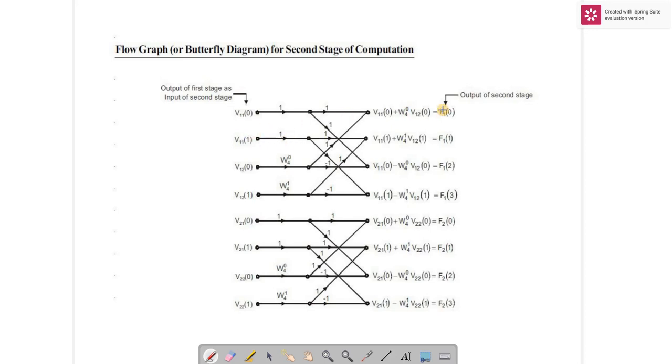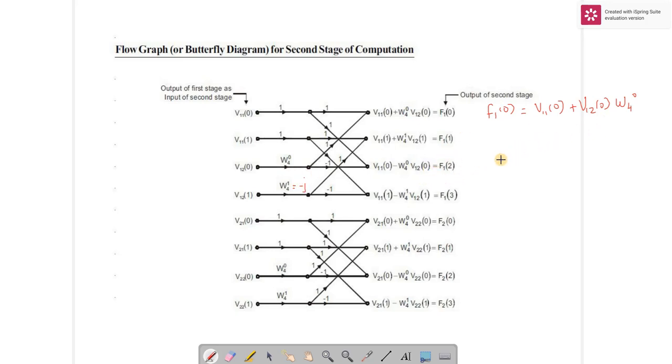So the operation is like this. F1 of 0 is equal to v11 of 0 plus v12 of 0 W4 power 0. In the third line we have a twiddle factor W4 power 0. In the fourth line we have W4 power 1, which is equal to minus j.